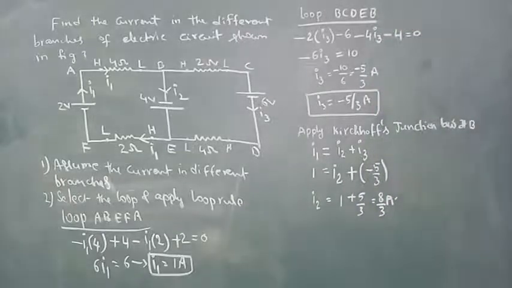So I1 is found to be 1 ampere, I2 is found to be 8 by 3 ampere and I3 is found to be minus 5 by 3 ampere.